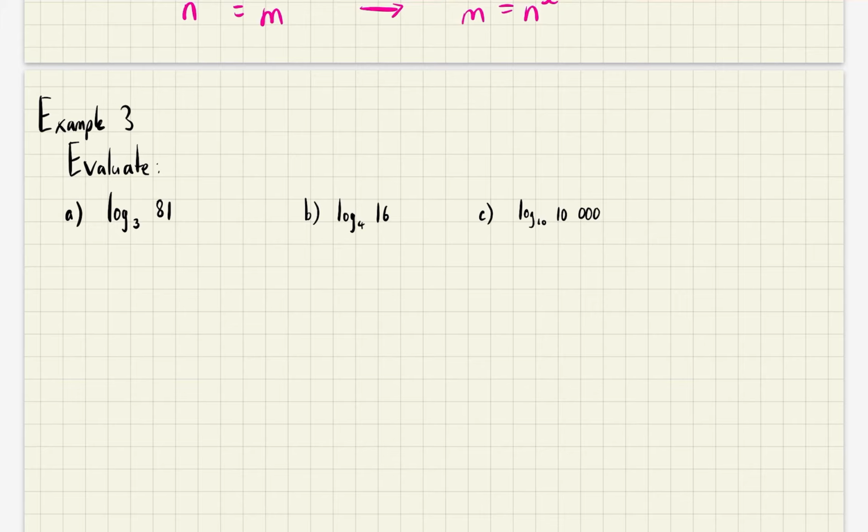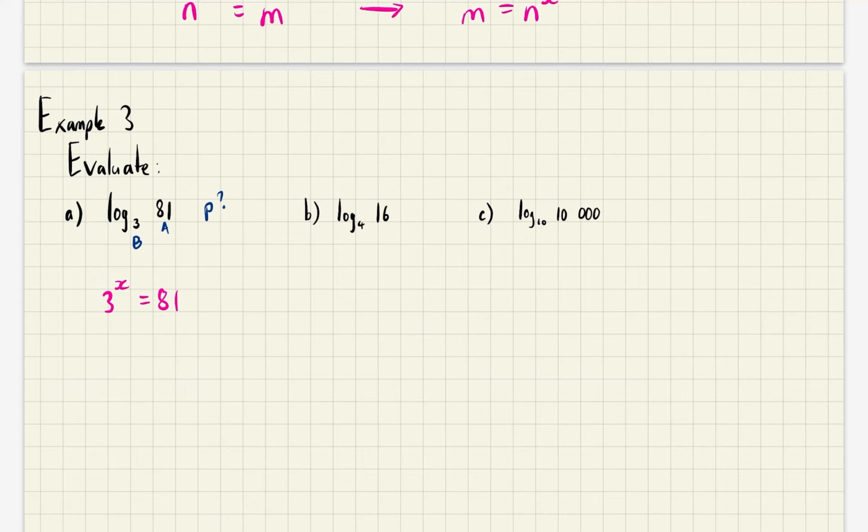We need to use BAP to get it into the other form, the index form. So, first of all, I've got my base, answer, and my power I don't know. So that's what we're actually trying to find. What is the power? So I'm going to rewrite it. Base is 3. My power I don't know, so I'm going to write it as x, is equal to 81.